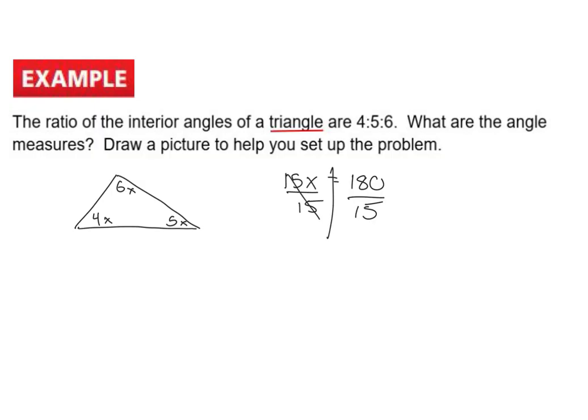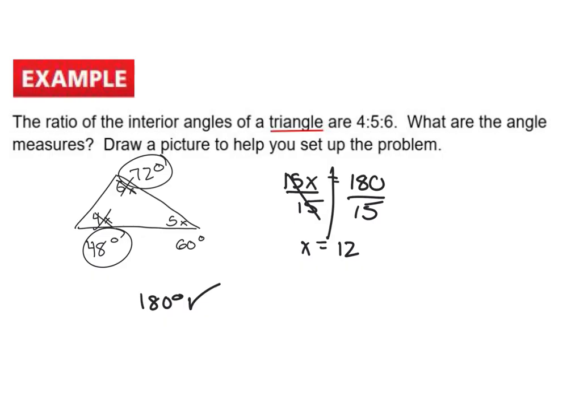So 180 divided by 15 is 12. And so now we can do 6 times 12 is 72. 4 times 12 is 48. And 5 times 12 is 60. And now if we add 72 plus 48 plus 60 together, we get 180 degrees. So here are your 3 angle measures for your triangle.